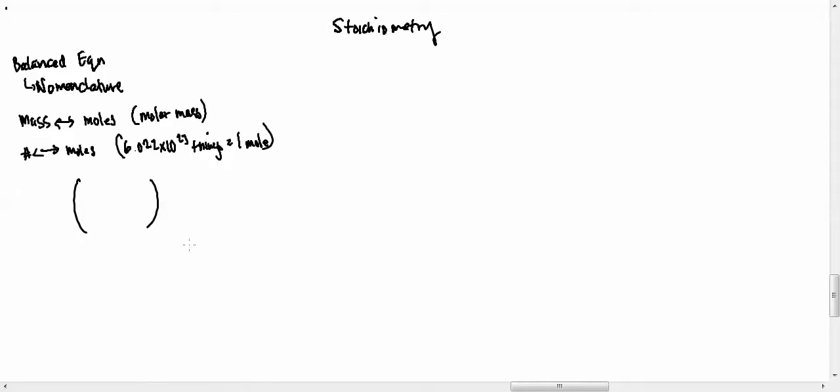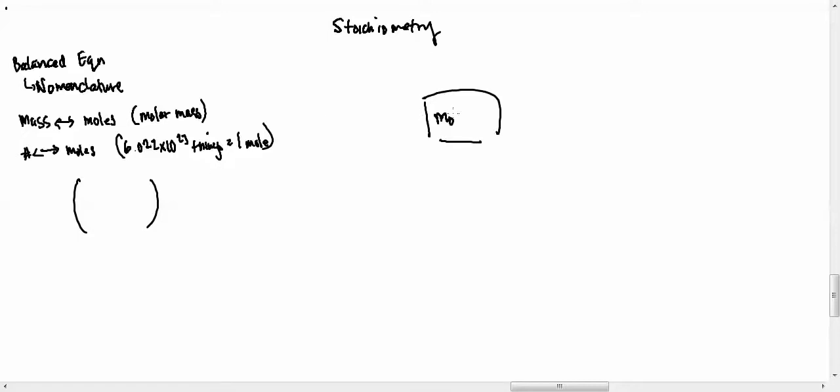You're very good at that. So what stoichiometry is, is kind of using all of these things. In the end, we're going to show you how to use all of these tricks put together.